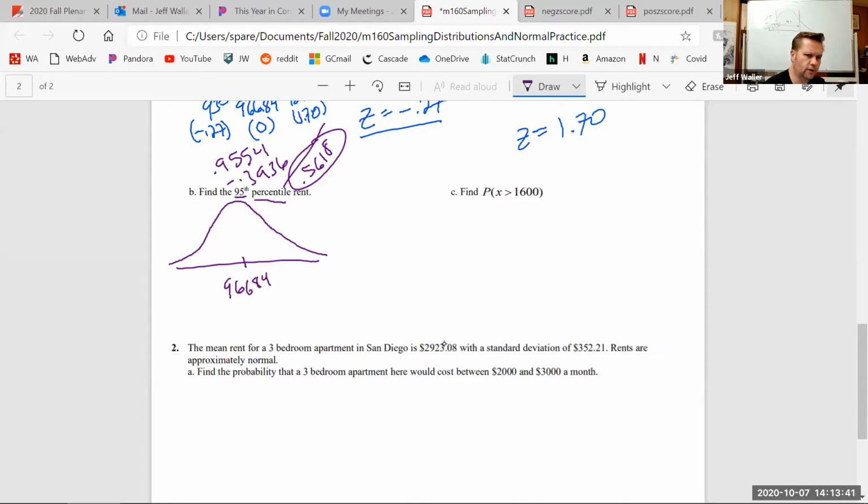So if it was over here, that wouldn't make any sense. It's got to be up here, so it's got a full 95% below it. So if I can figure out this guy's z-score, I can then figure out the actual money for rent.